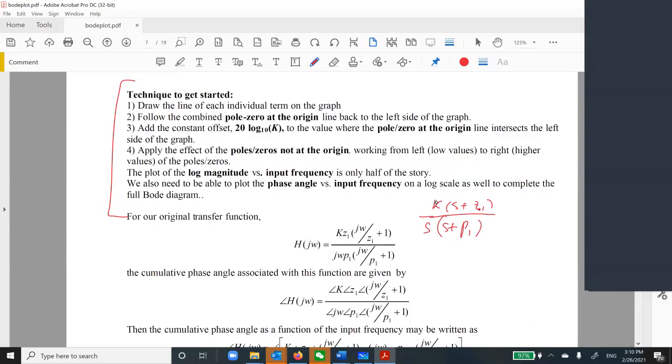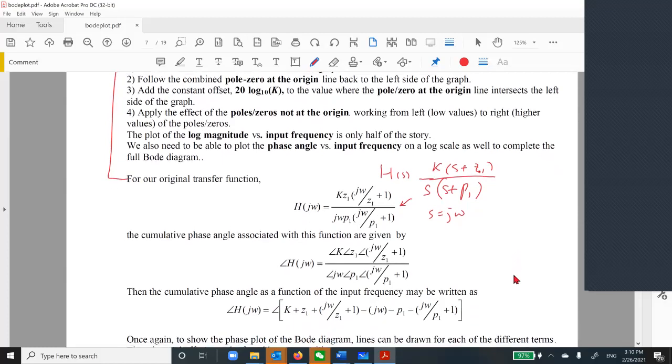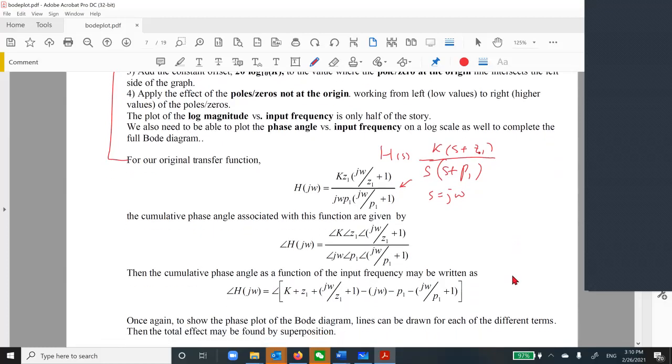That's our original H of S. Then we write the standard form like this and put S as j omega. We want to check how we can compute the angles. You get every term's angle, then add all the angles together and subtract the angles of the denominator. So the total angle is like this.